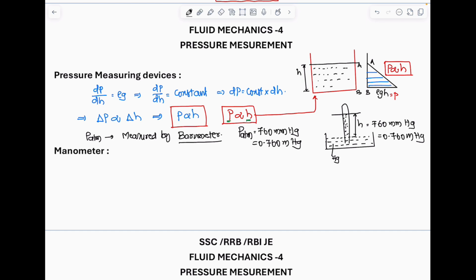For example, instead of measuring the atmospheric pressure, I want to measure the pressure of a fluid inside a closed container. That closed container can be either a circular vessel or a box shaped vessel.